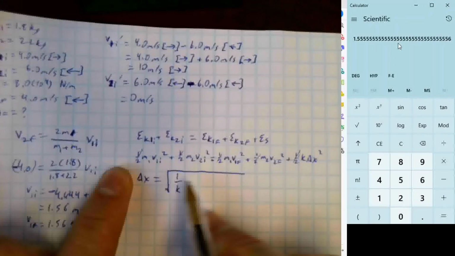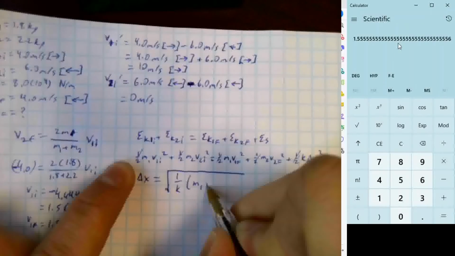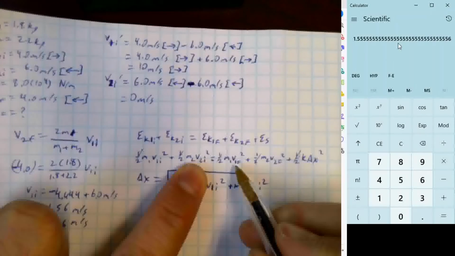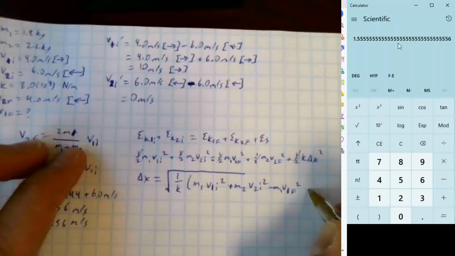That gives me an M1 V1I squared plus M2 V2I squared, minus this value here, which is minus M1 V1F squared minus M2 V2F squared.